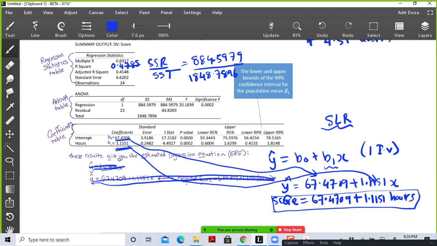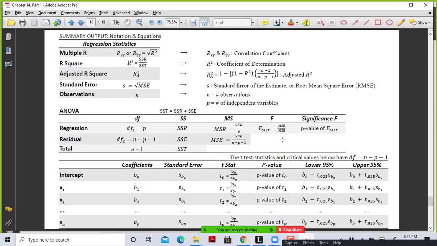Okay. Similarly, you need to know this formula as well: SST equals SSR plus SSE. Here we are missing SSE. If you look at the formula sheet, SSR is given, SST is given, SSE is missing.